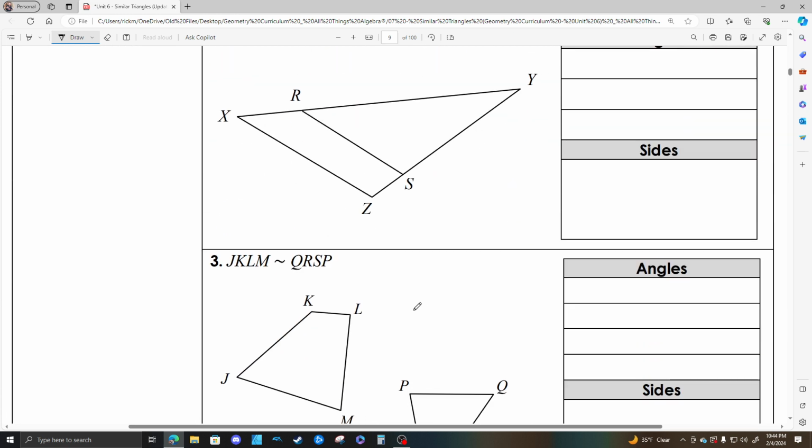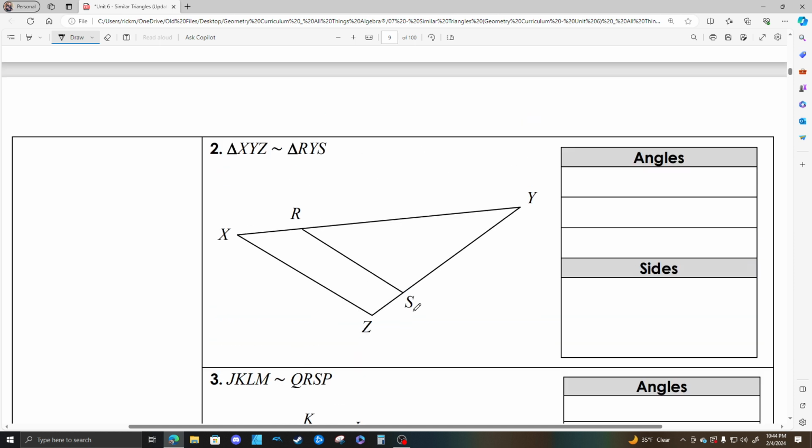So now we have number 2 and 3. I'll go over number 2 with you, let you figure out number 3 on your own. Okay, it's the same exact idea, right? XYZ, RYS. So X to Y to Z, right? R to Y to S. If you want to do this, you can. X is R. Y is still Y, right? It's actually shared by both triangles. And then S is actually the same as Z, so I'm going to put the S here, right?